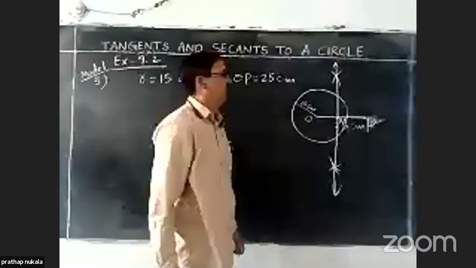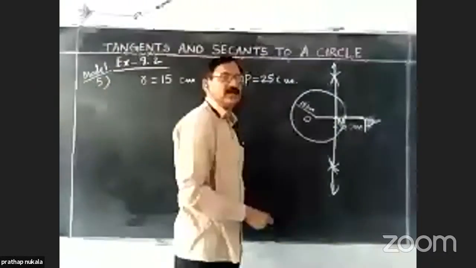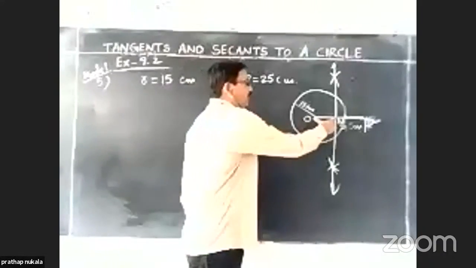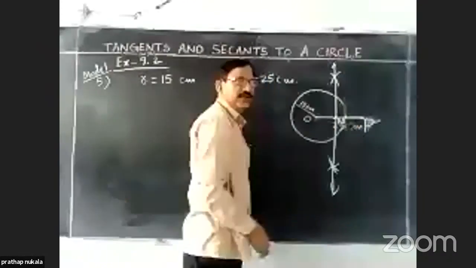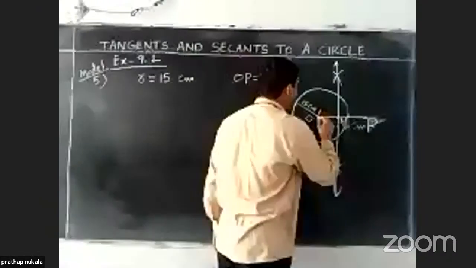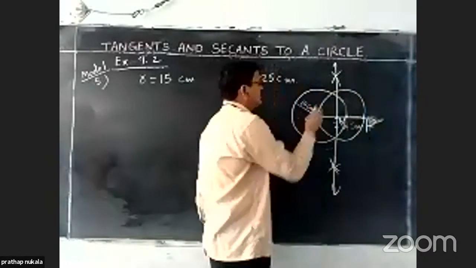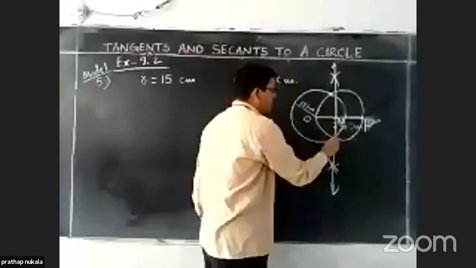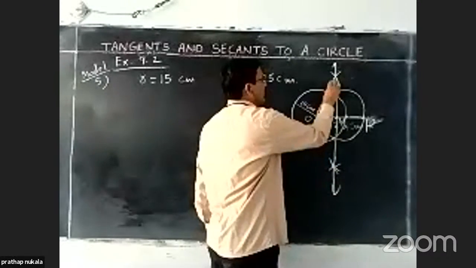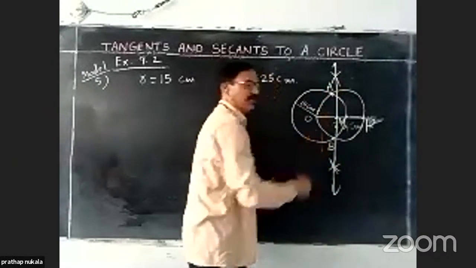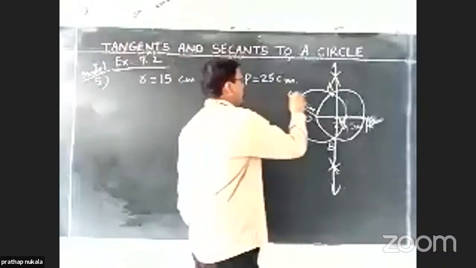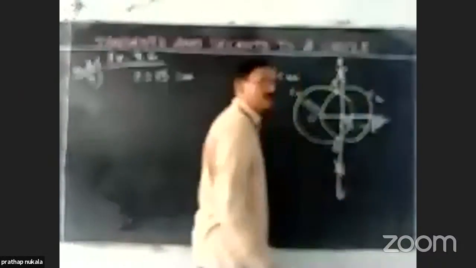Call it M. Then with center M, taking MO or MP as radius, draw another circle which intersects the previous circle at two distinct points. Locate them as A and B. This is C1, the given circle. This is C2.